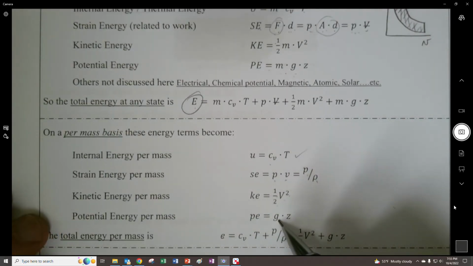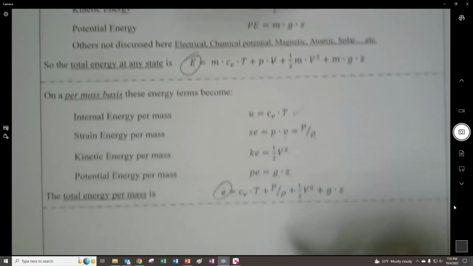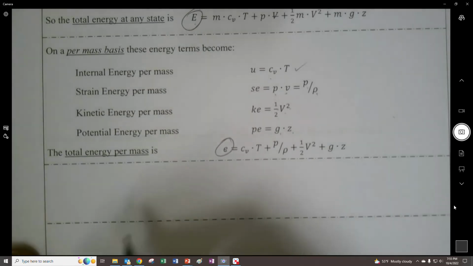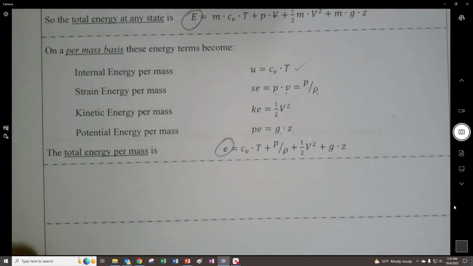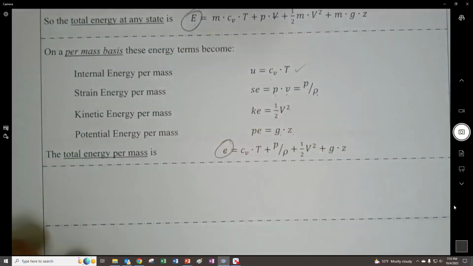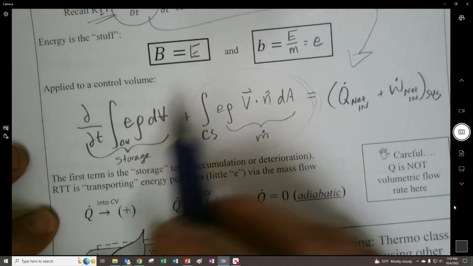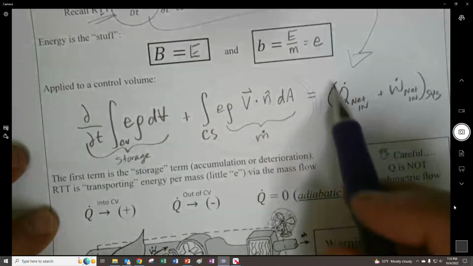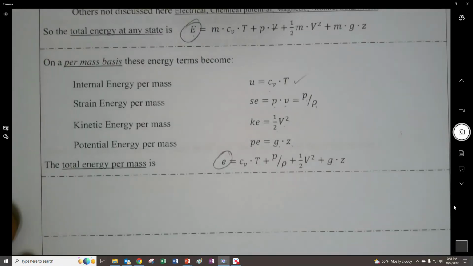And now we just have g times z. So here comes e, and we could pull this back into what we had going through the control volume, right? I already mentioned this was the storage term. If you don't have any storage term, that goes away. And what we're left with is this portion connected to this portion right here.